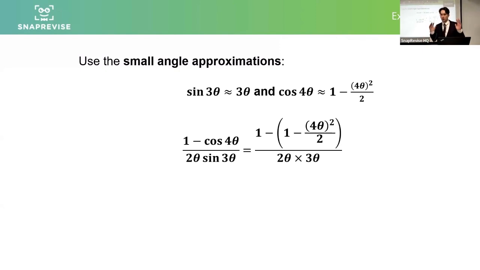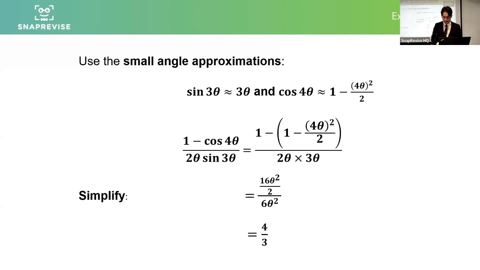It's 4 theta all squared over 2. So there's lots of fractions in fractions. It will tidy up, and we'll get 16 theta squared over 2, all over 6 theta squared. The theta squareds will cancel out, and then your third and final mark is for there. So I'd say the first mark for the top line, the stage where we're about to simplify it, a second mark, and the final mark for the correct answer.